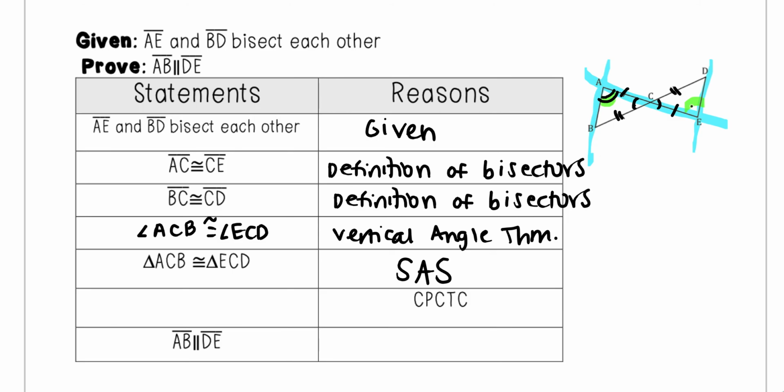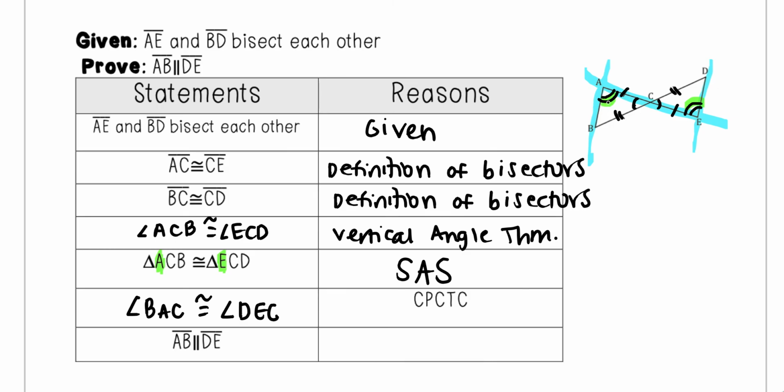Well, using the corresponding parts of congruent triangles, I know that angle A corresponds with angle E. And I've already proven that those two triangles are congruent. So that is enough for me to say that angle BAC is congruent to angle DEC by CPCTC, or because they were corresponding parts of congruent triangles.